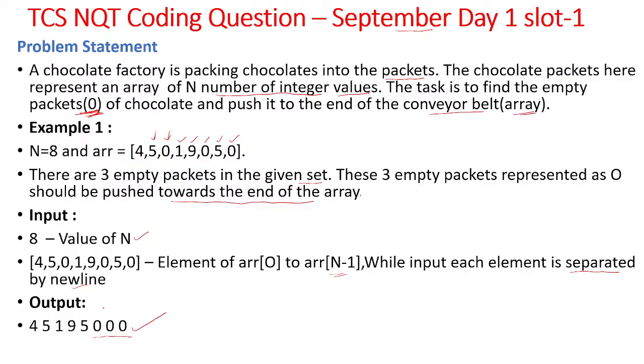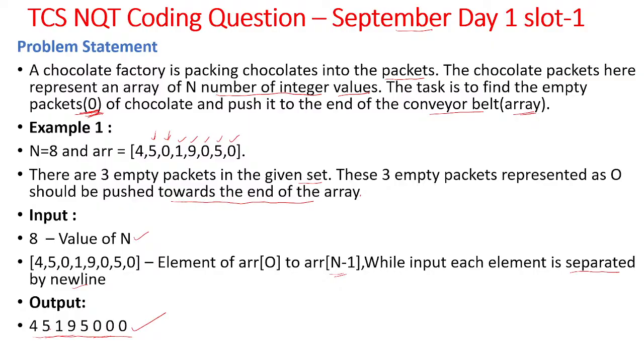Got it? And before you solve this question, you should observe the input and output very carefully. If you observe carefully, the order of elements is preserved. That means how the non-zero elements appear in the array, in the output also they should appear in the same order.